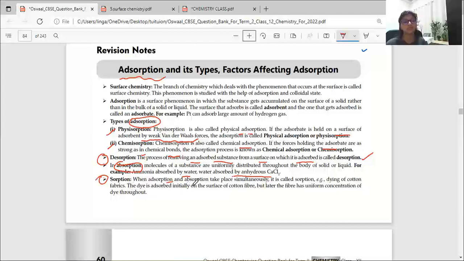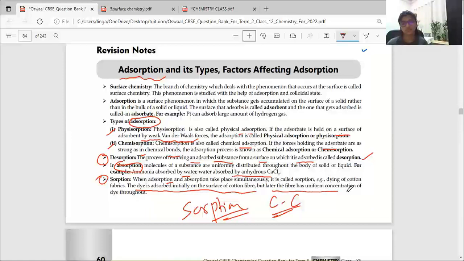When adsorption and absorption both take place simultaneously, that is called sorption. The example is color and cloth. The dye is adsorbed initially on the surface of cotton fiber, but later the fiber has uniform concentration of the dye throughout.